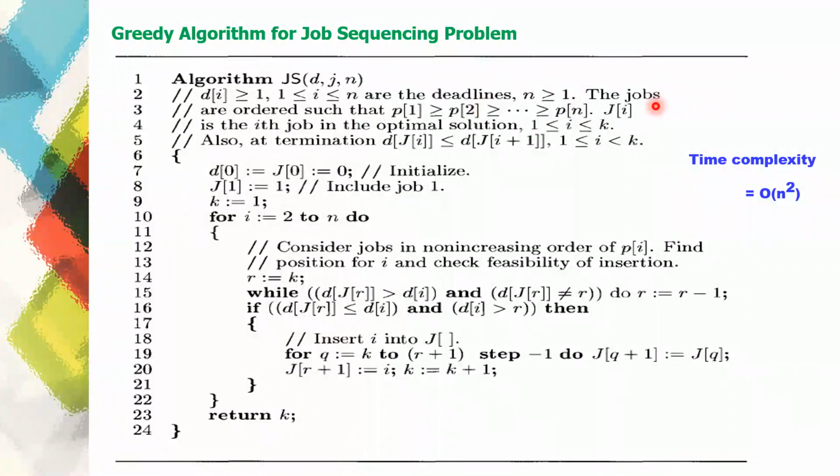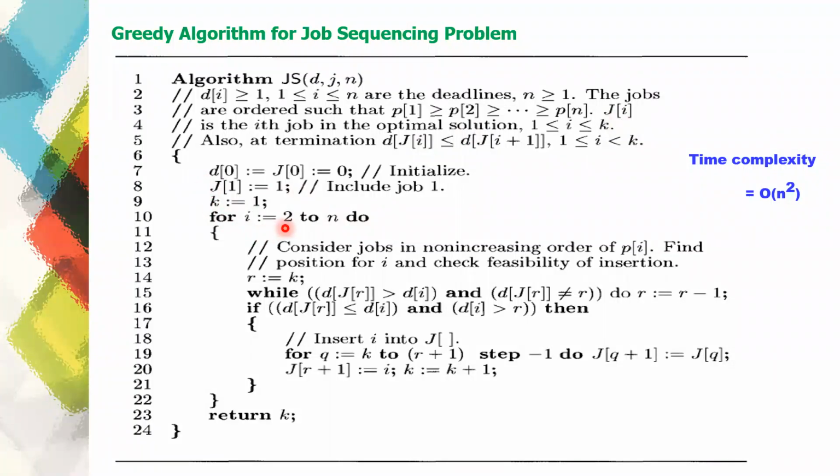Then the jobs are ordered in a non-increasing order of profit, so profit of first job will be greater than the profit of second job and so on. Then J of I, J is the solution vector that you have to prepare. So J will be the optimal solution that you have to calculate. Okay, so for now, I'll include first job into the solution vector.